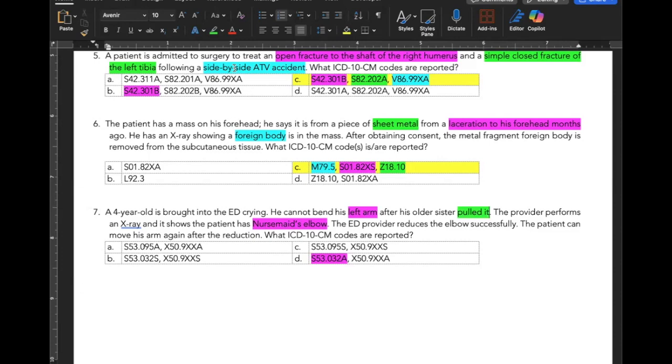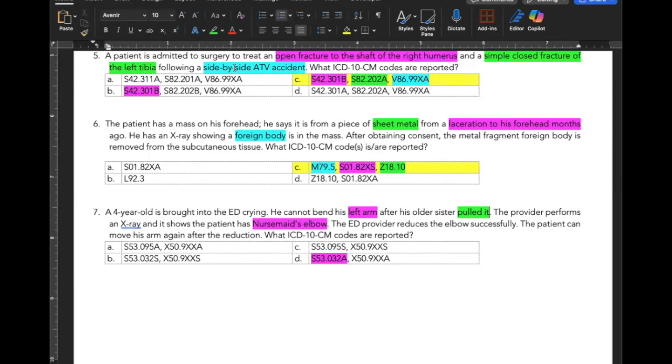Okay. So yeah, where are we next? I know S53.032A. So then in the external cause index, we're going to go to pulling. And then it is an excessive pulling because that's what caused that dislocation.